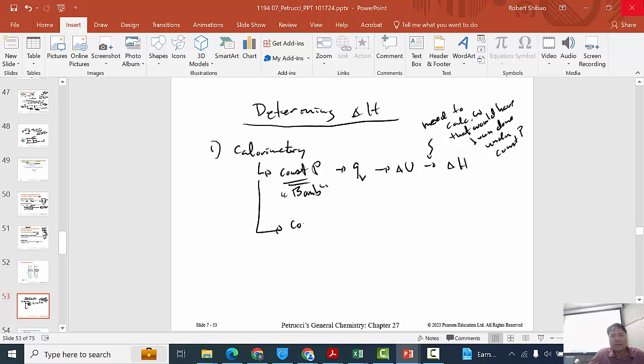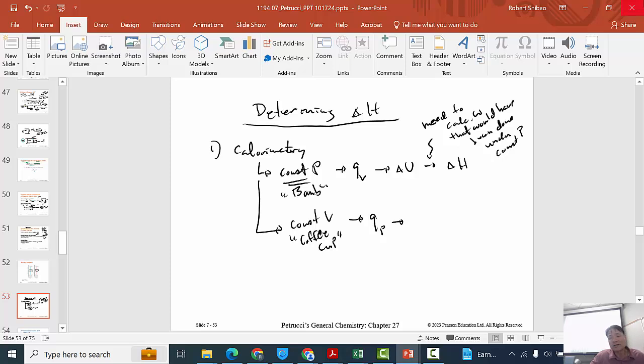Then we have constant volume or coffee cup calorimetry. Coffee cup calorimetry is going to be a lot easier because in coffee cup calorimetry, we measure QP. If it expands, it expands. If it contracts, it contracts. Or if nothing happens, nothing happens. For ours, pretty much nothing happened.